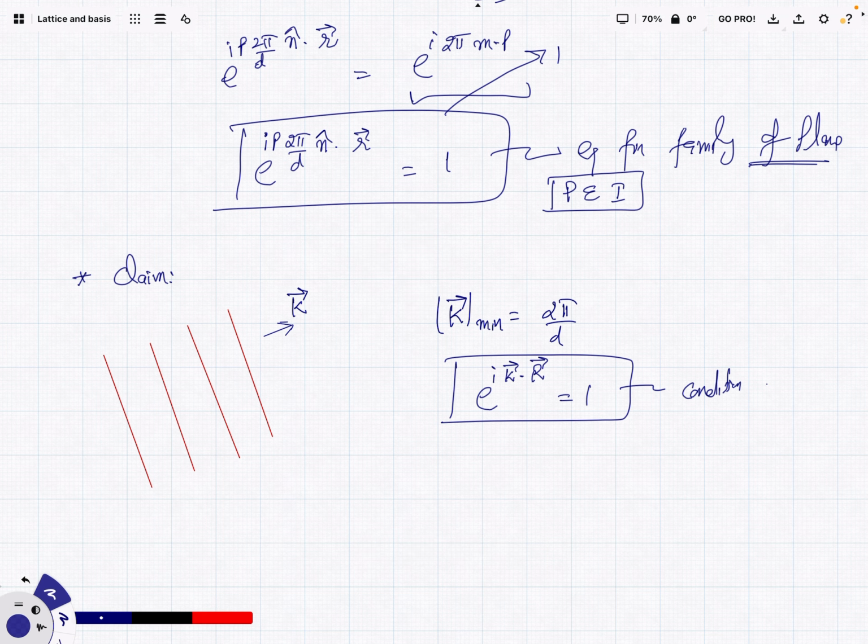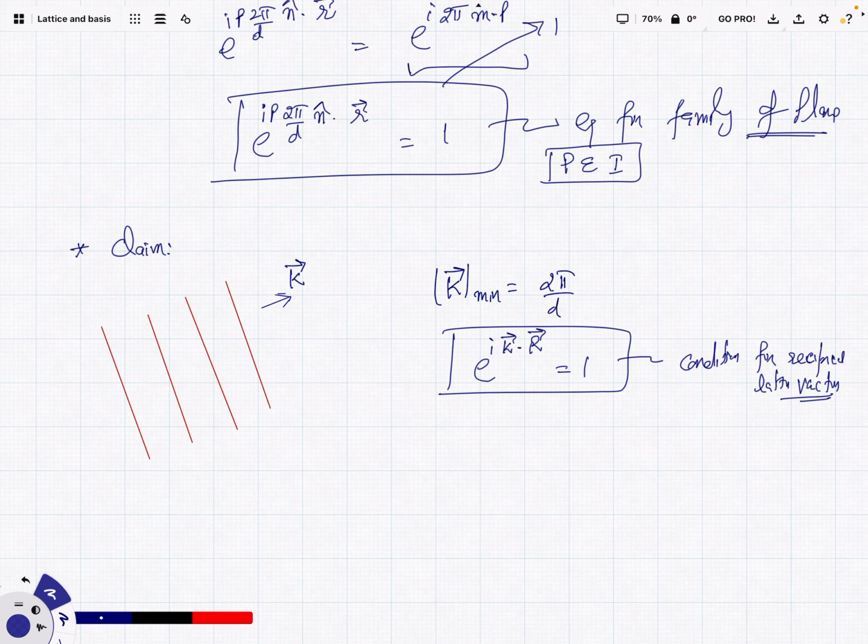Okay. So this is the condition for the lattice.